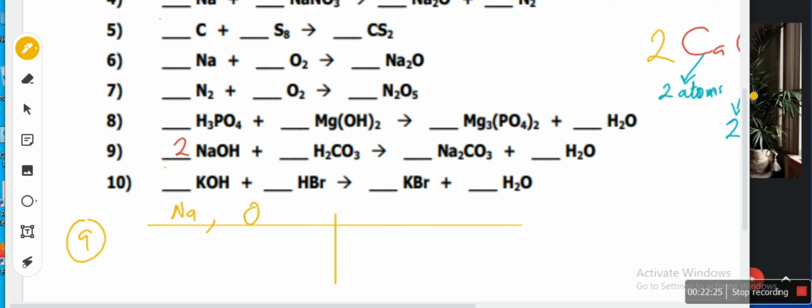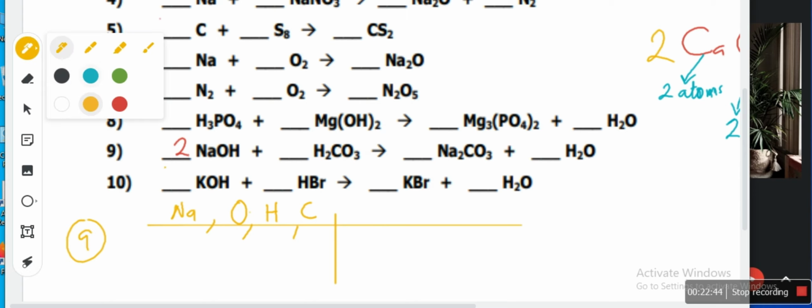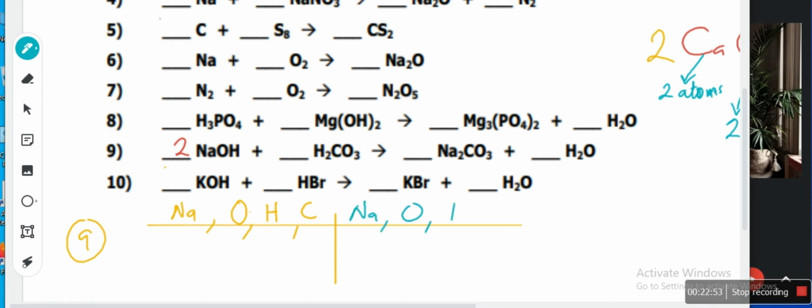I have sodium, oxygen, hydrogen, and carbon. I write the same thing on the reactant side and on the product side: sodium, oxygen, hydrogen, and carbon.